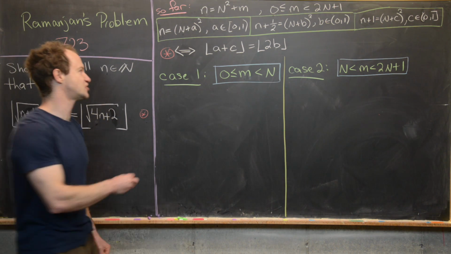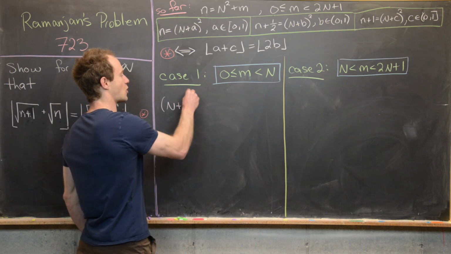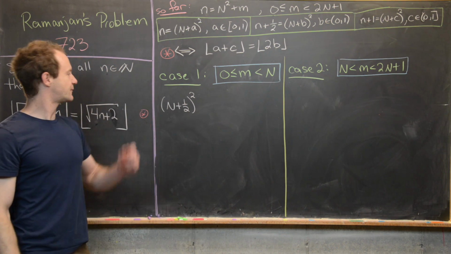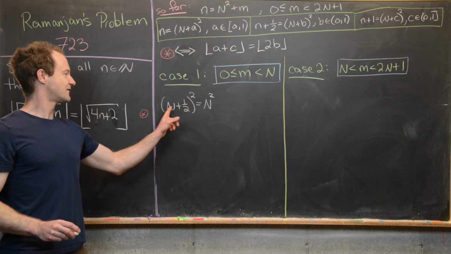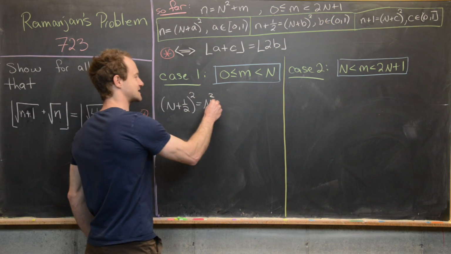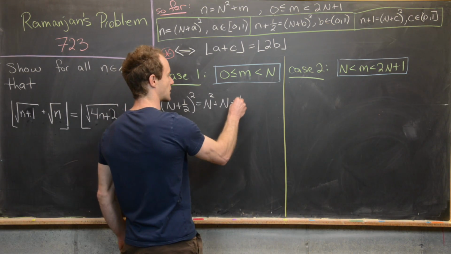And that observation has to do with what happens if we take n plus 1/2 quantity squared. So let's see, if we multiply that out, we're going to get n squared, and then we'll have half times n plus half times n, so that's going to be n. And then we'll have half times half, so that's going to be a quarter.